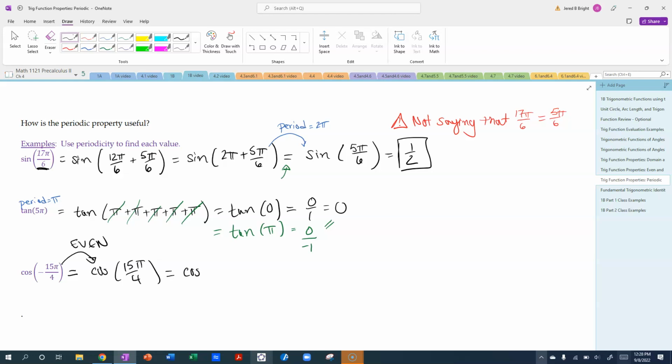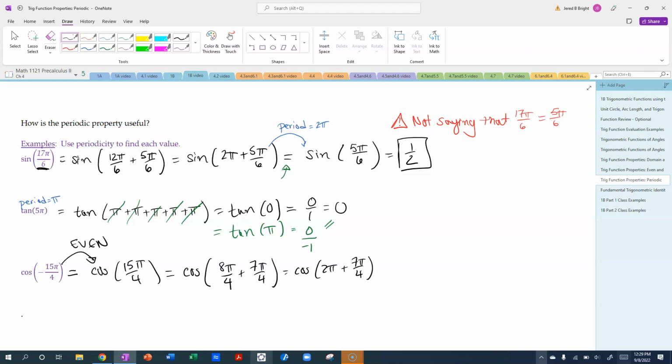So cosine of, and then I want to look for something that's a multiple of 2 pi. So I know if I'm in fourths, 2 pi would be the same as 8 pi over 4, and then the remainder would be 7 pi over 4. Okay, so this is cosine of 2 pi plus 7 pi over 4.